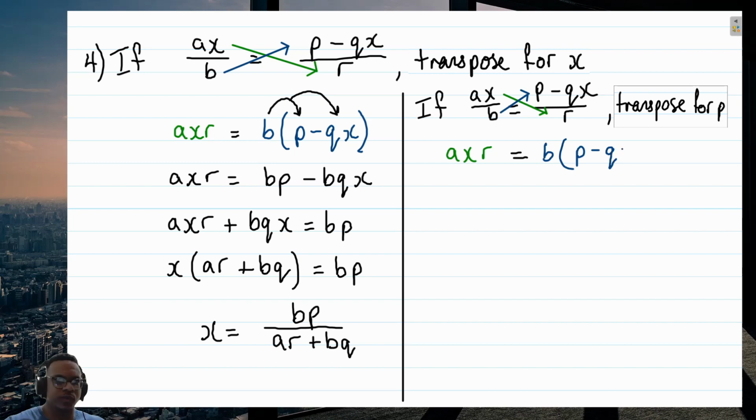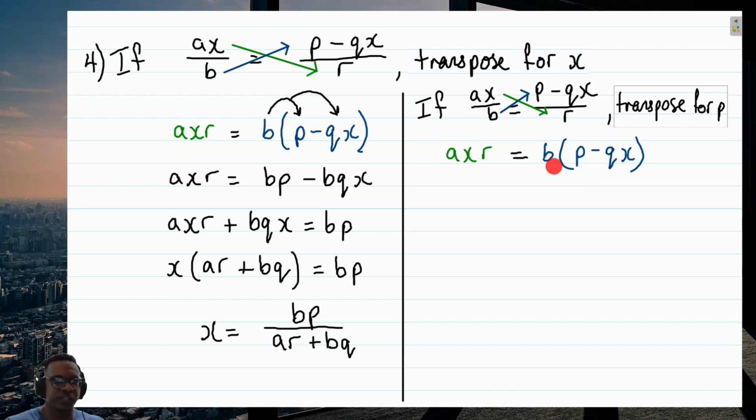Now seeing that we want to transpose for p, we'll have to move this b and this negative qx across the equal sign to the left hand side. So the first thing we can do here is move this b. This b is being multiplied by the p take away qx.